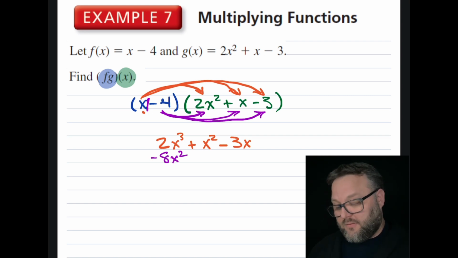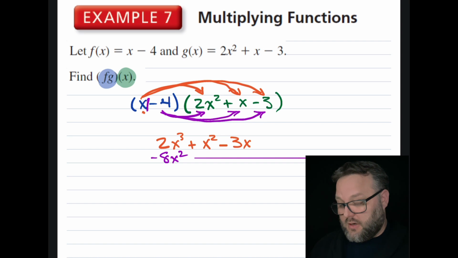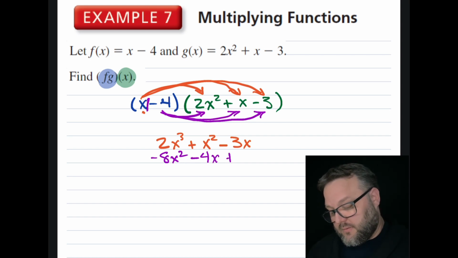I'm going to take negative 4 times x and get negative 4x. And negative 4 times negative 3 gives us a positive 12.